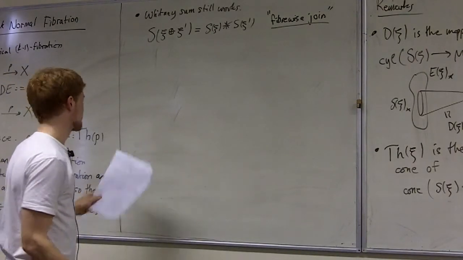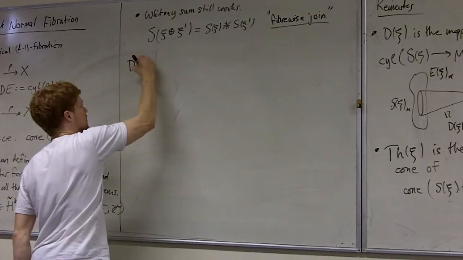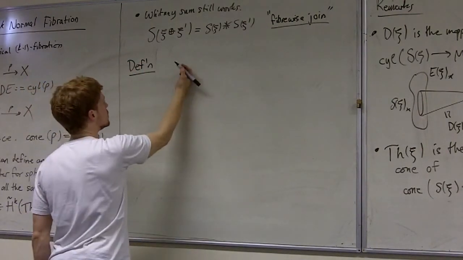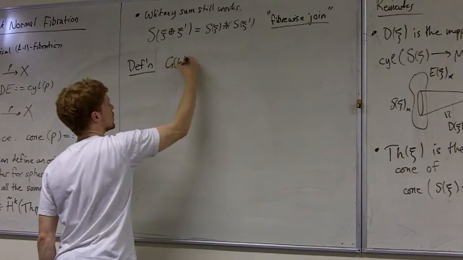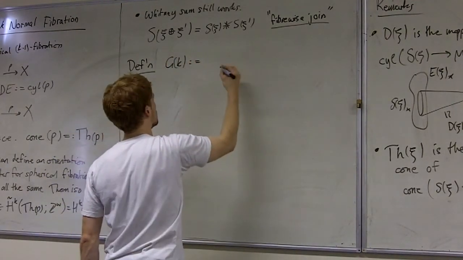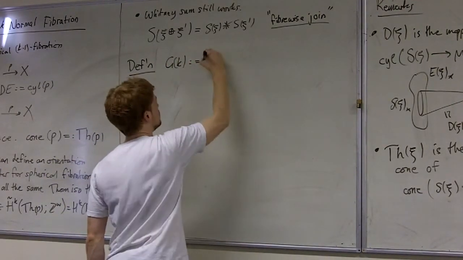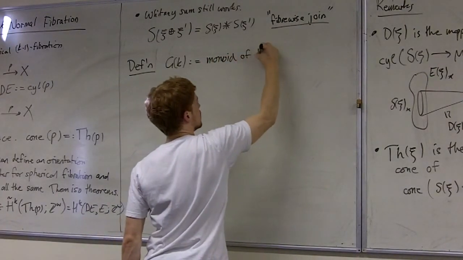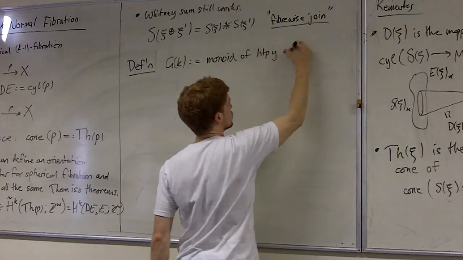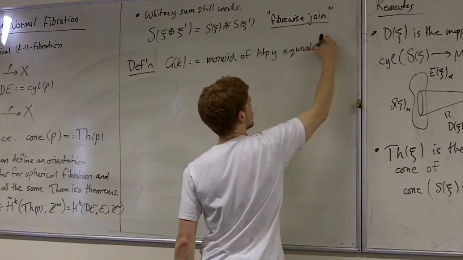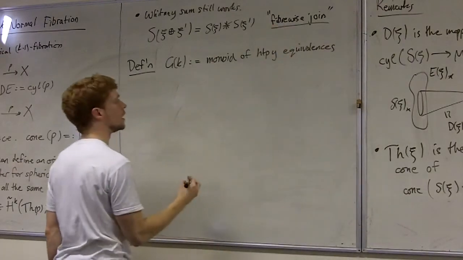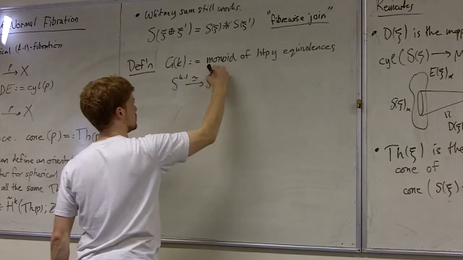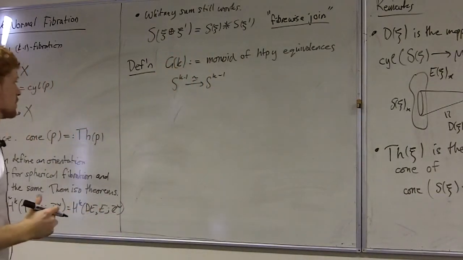Okay. So then the point is, again, like with vector bundles, we can define a classifying space. So let G_K be the monoid of homotopy equivalences from the (k-1)-sphere to the (k-1)-sphere.